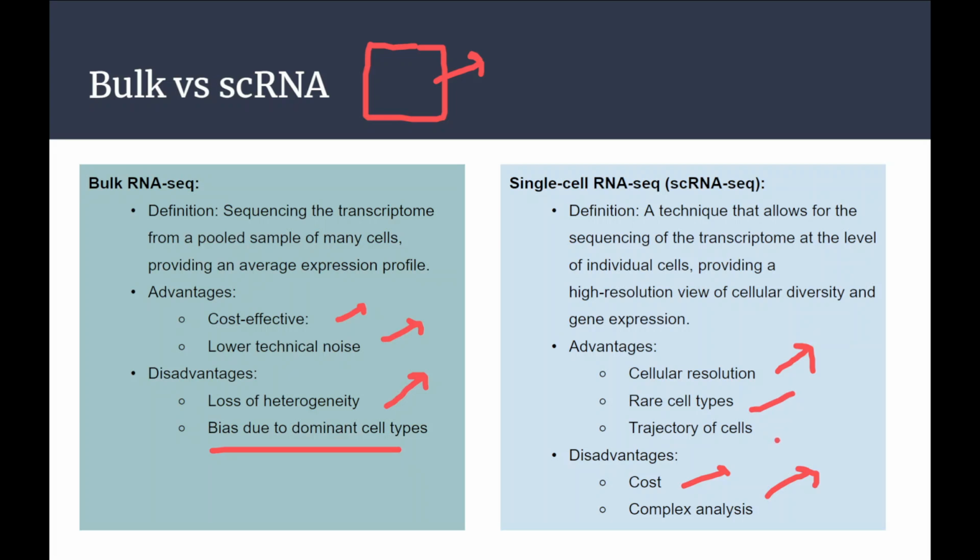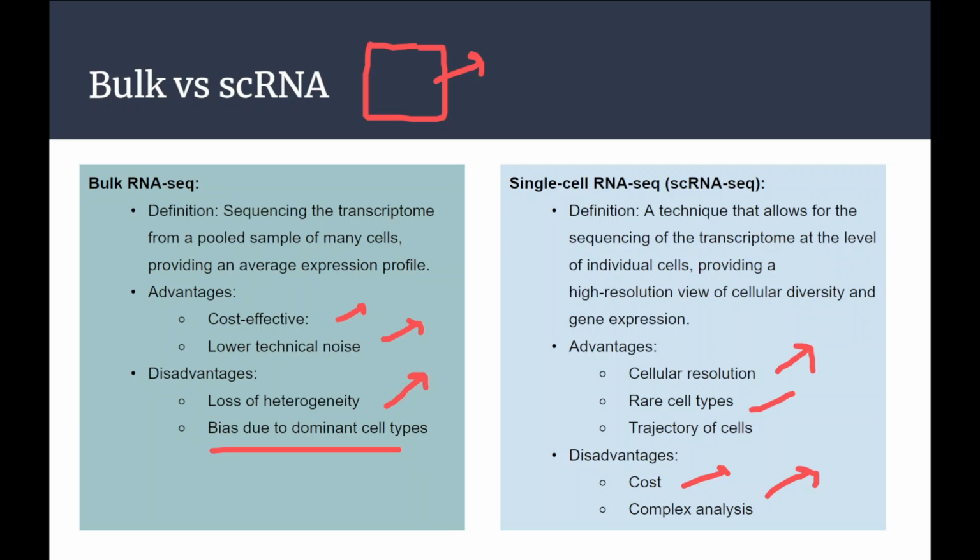We can study the trajectory of the cells. Trajectory of the cells basically means that when you go for developmental biology, you study how the development is happening. Let's say you study embryo development, or plant tissue development.